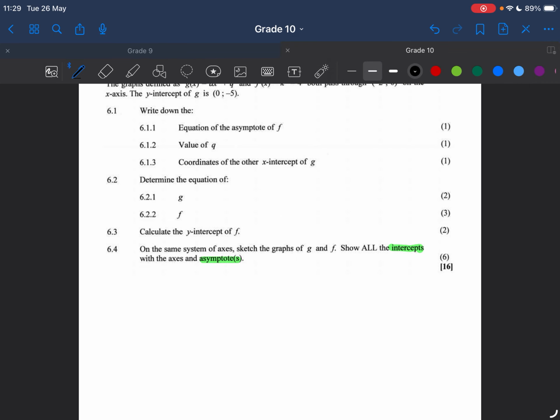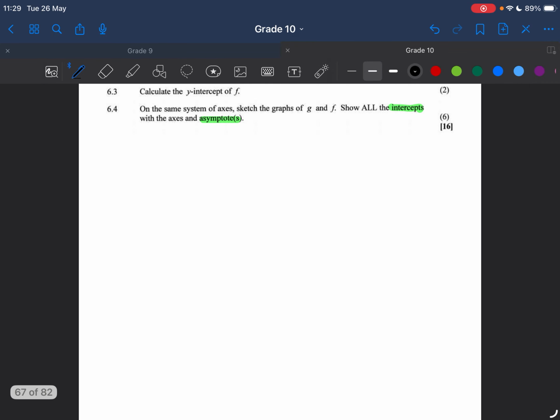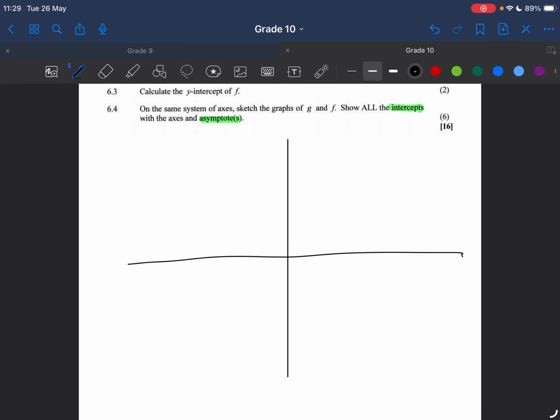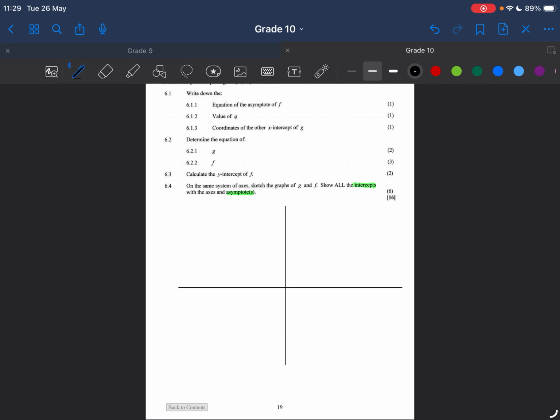So let's start with our axis. Let's just put an axis this way, and let's start with the horizontal asymptote of our exponential graph, which is going to be at -4. Right, so there's an asymptote right down this way.